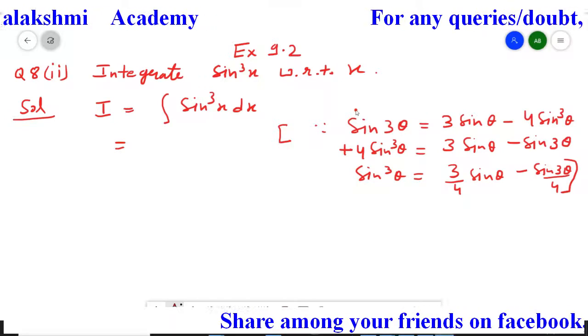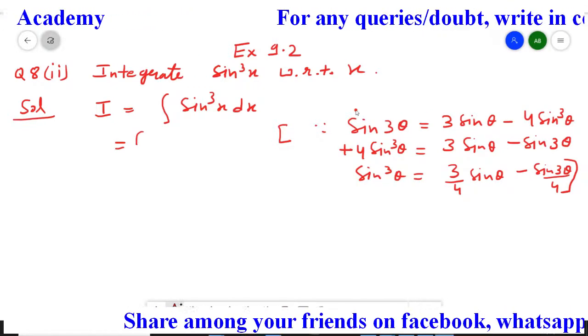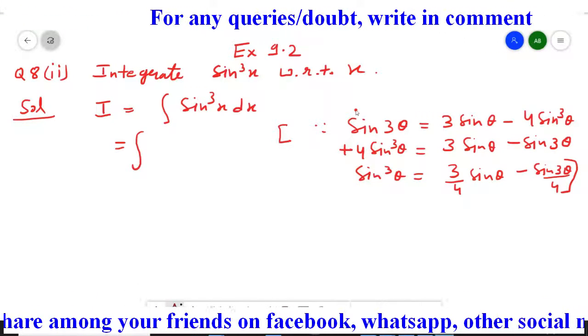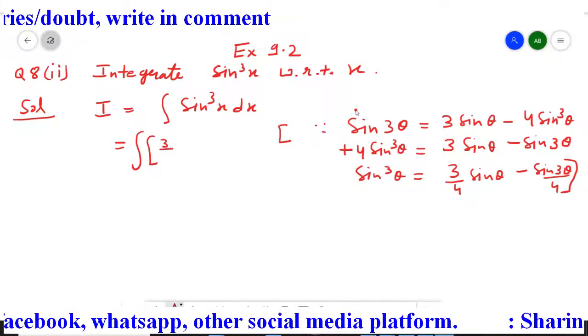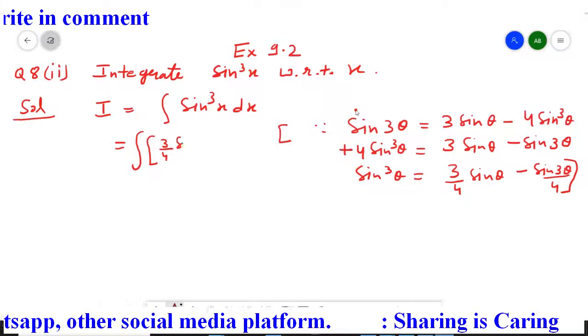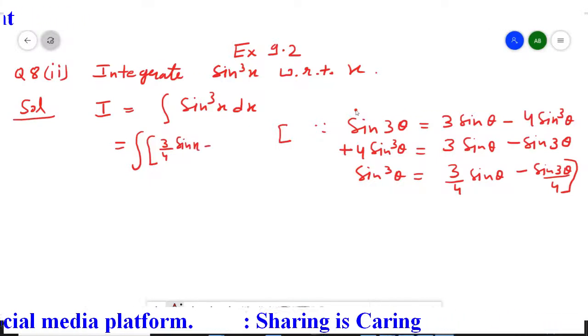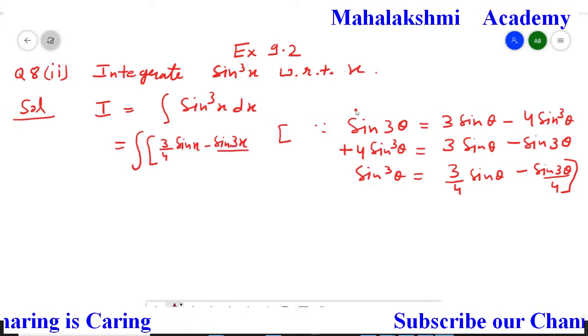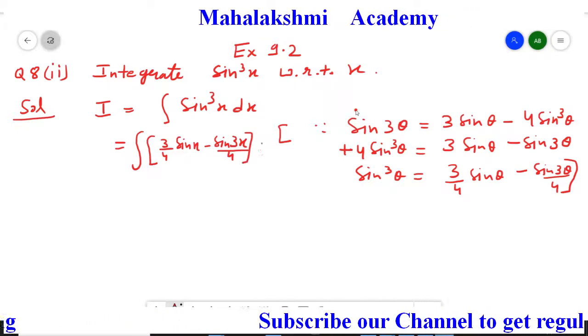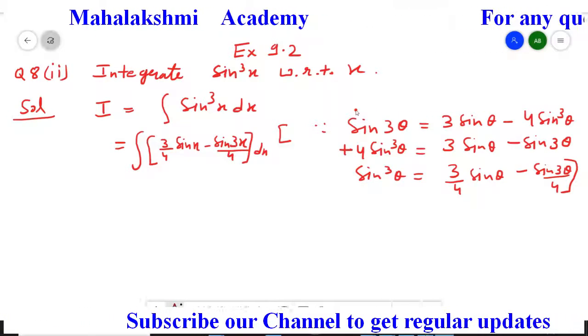So here when we replace the value of sine cube x, the value which we obtain is 3 upon 4 sine x minus sine 3x upon 4, and then dx.